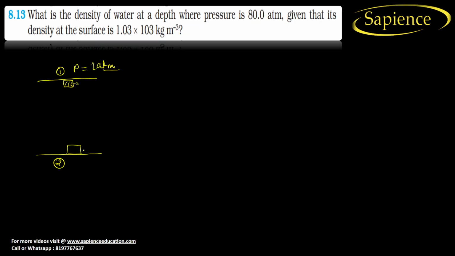And at this point, if this is your P1 and this is your P2, then P2 is 80 atmospheric pressure. Okay, got it? We have got P1 as well as P2. Now if I consider V1 as a volume of 1 meter cube, V2 is the volume at this point, which we don't know. So the volume will decrease for the same mass.